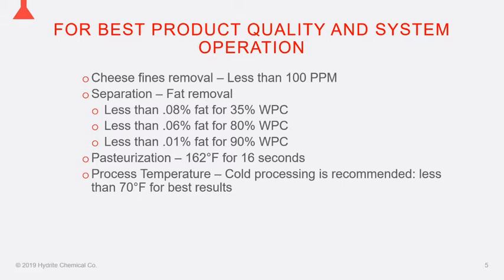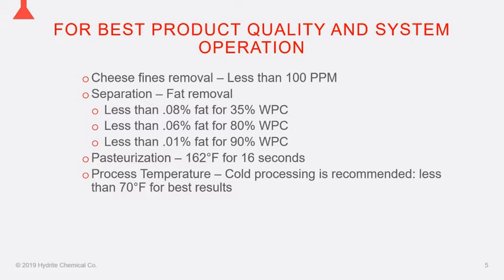Any kind of particles, especially cheese fines, are very difficult to remove out of the system. So having that removed through clarification or fine savers, and having those equipment operate at their peak condition, plus having pre-filters in place in front of the machines, will eliminate that problem.